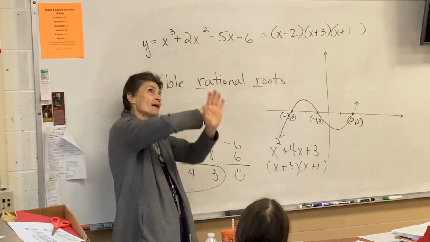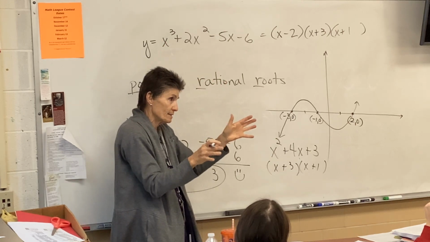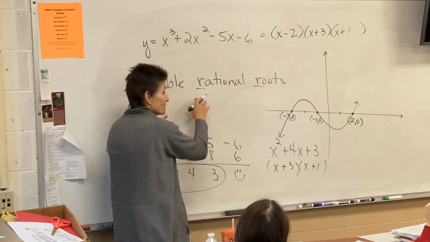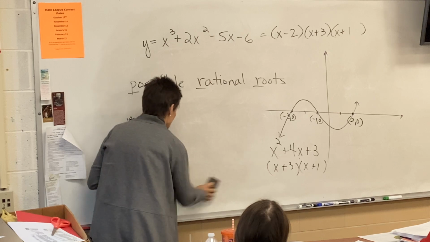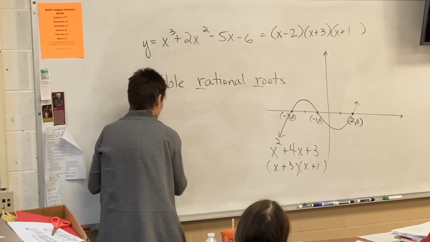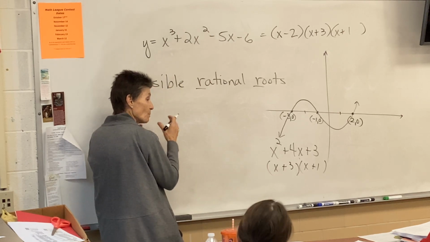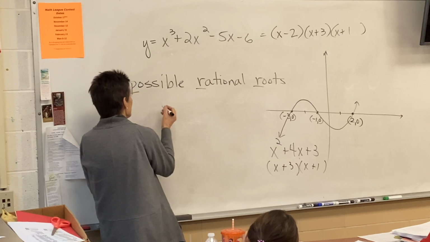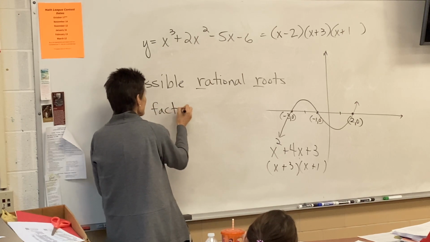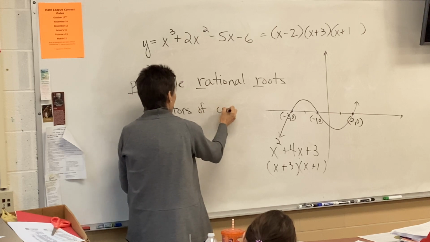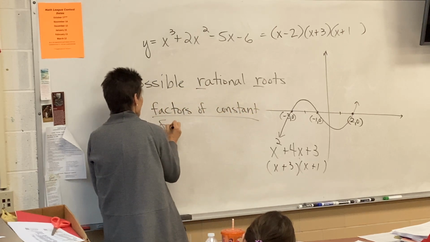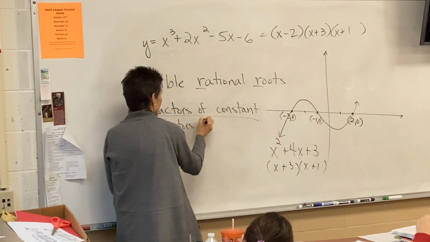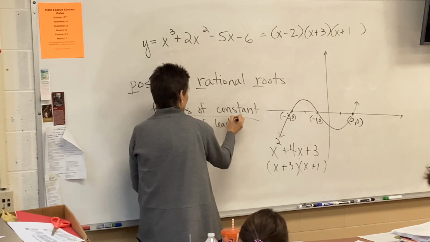So instead of having every number in the whole wide world to guess from, this narrows it down for you. This is where you're going to get your guesses from. It's always factors of the constant divided by factors of the leading coefficient.